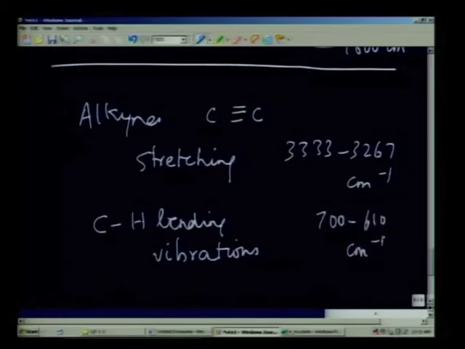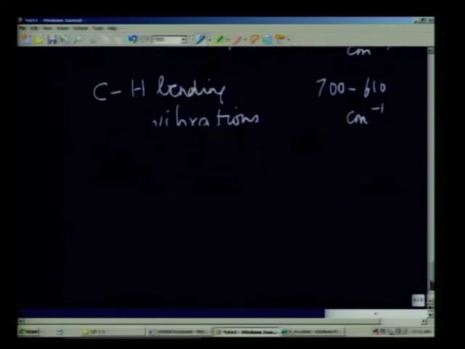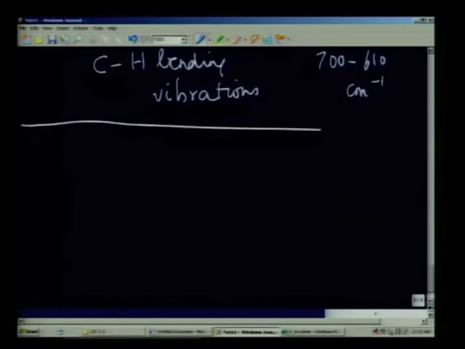Okay. Now let us just look at some of the functional groups for a change, and let us list the functional group frequencies which are very important in IR spectra.